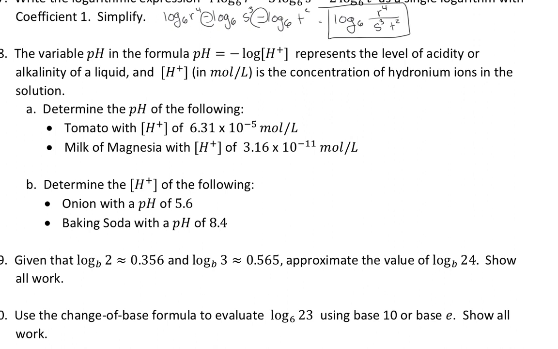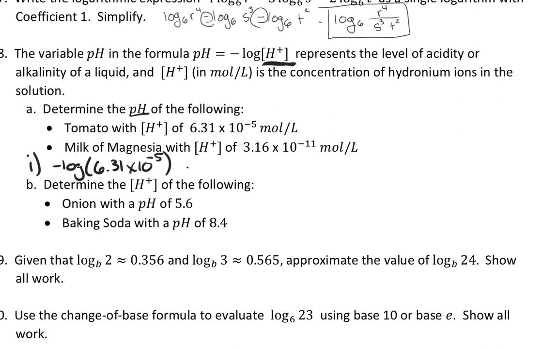So what we can do is, since we're determining the pH, we can just plug this into our log, so for part 1 we'll have the negative log of 6.3 times 10 to the negative 5.